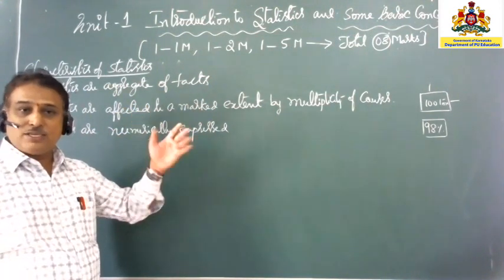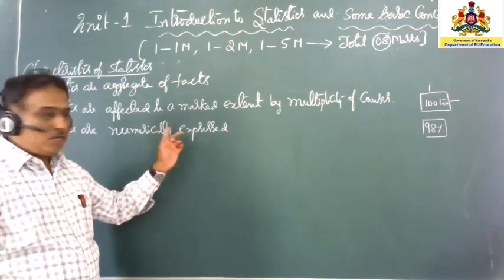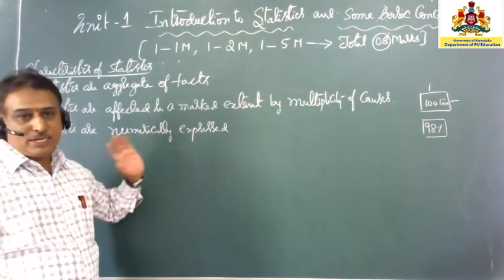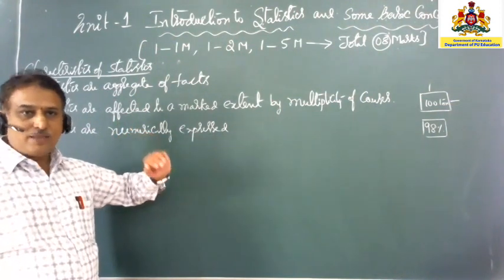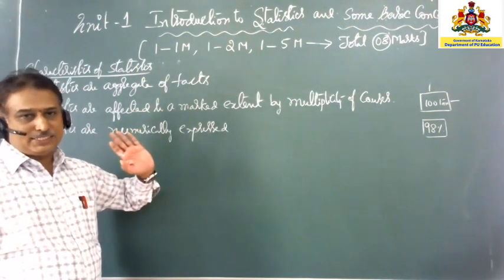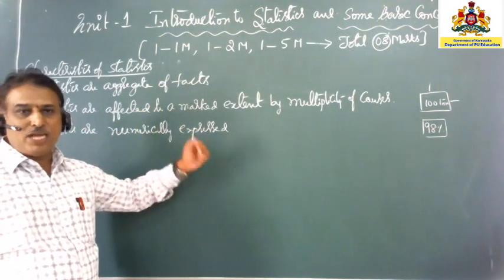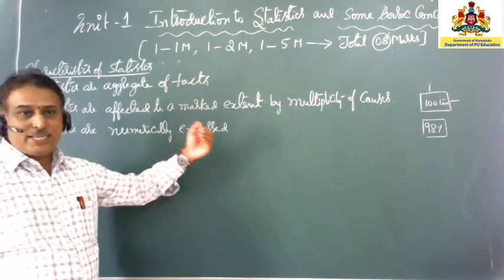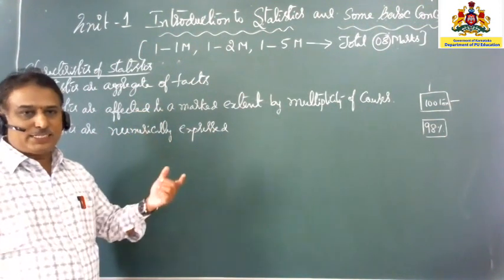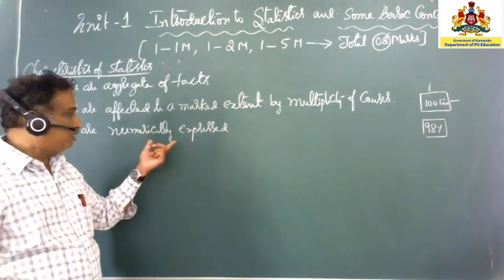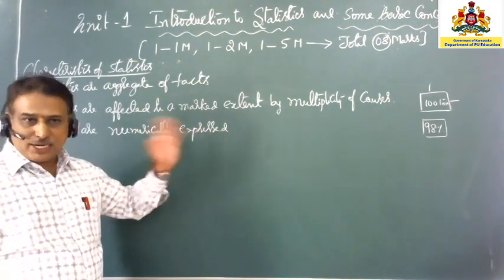Lot is not a quantitative characteristic. Here we have to express in terms of quantitative characteristics, that means in terms of the numerical value. Then only it is statistics. That means all the statistical information we have to express in terms of the numerical value.